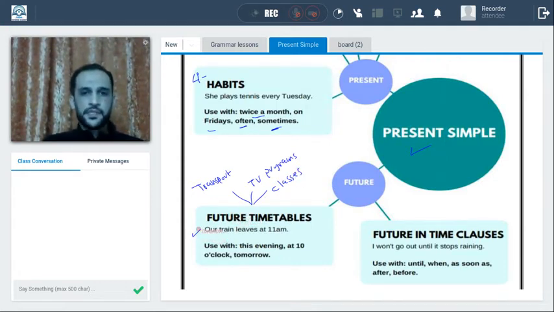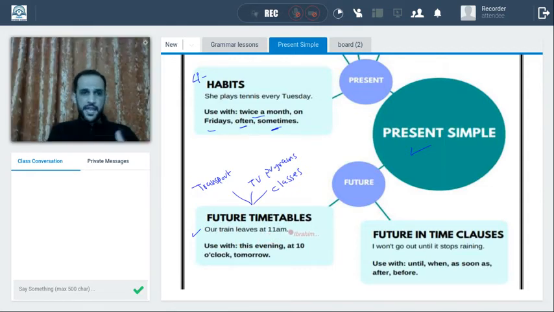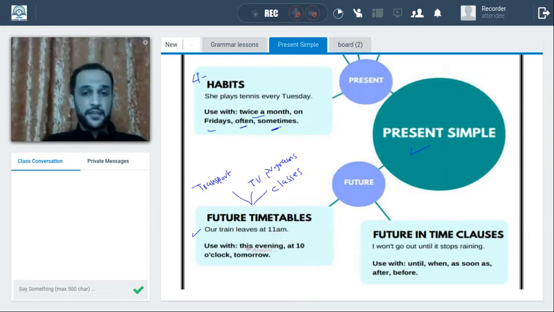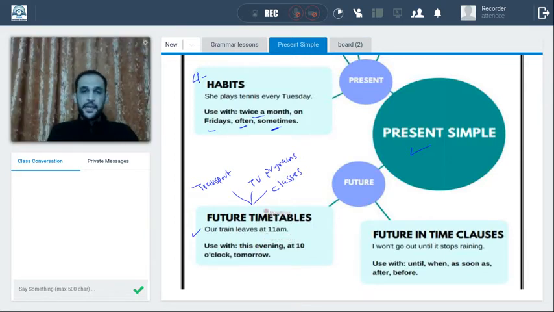So the first one is a timetable for transport. This is when I say our train leaves at 11 o'clock. So at 11 o'clock every day or every week, this train leaves at 11 o'clock. This is the meaning of the timetable.